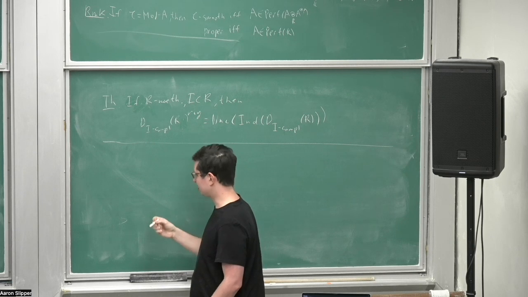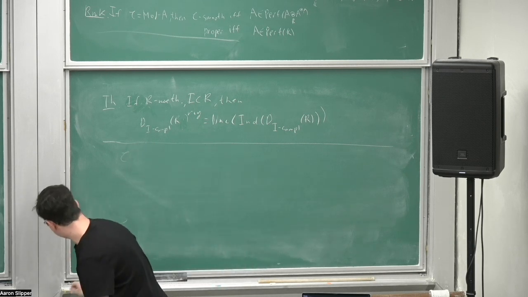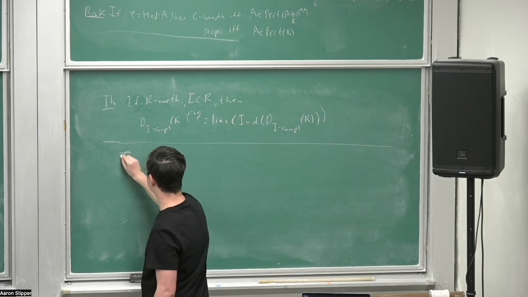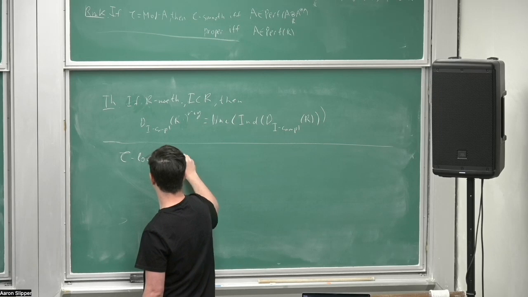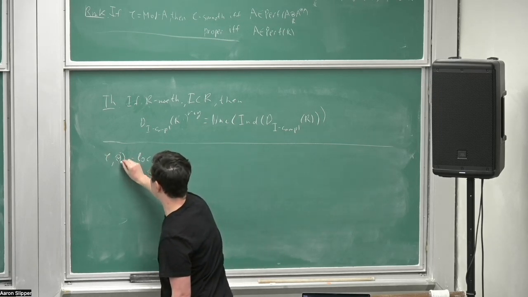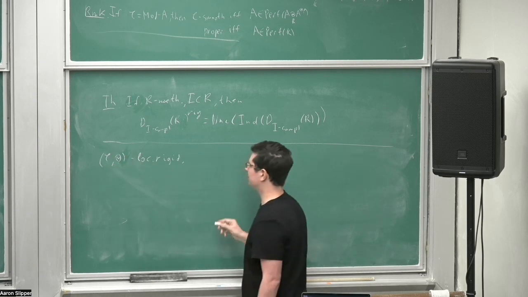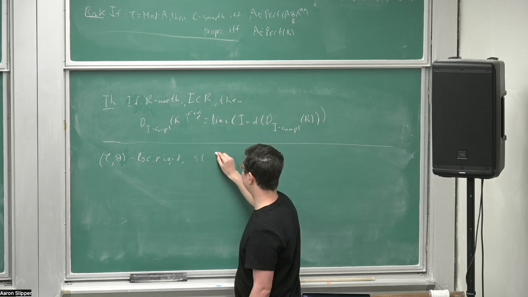So consider this assumption. Consider a category C which is locally rigid: a locally rigid symmetric monoidal model category, such that the unit is counter-represented.